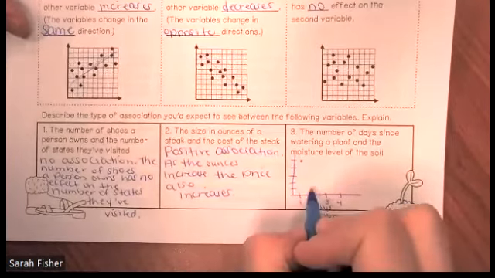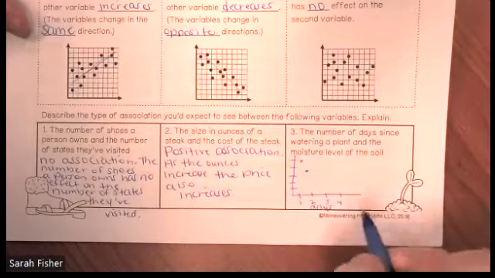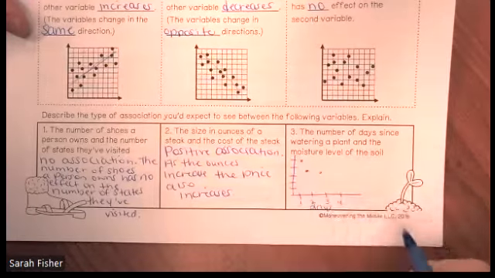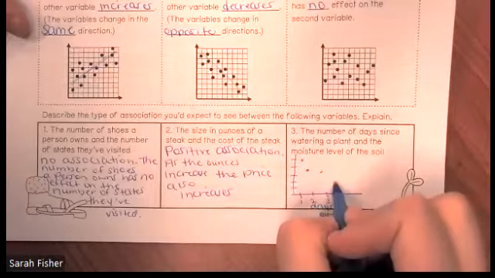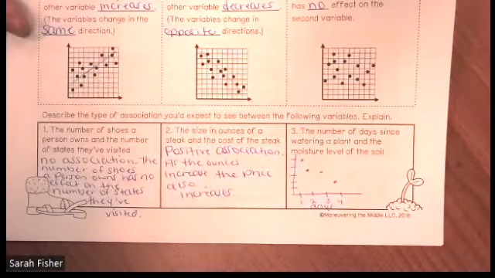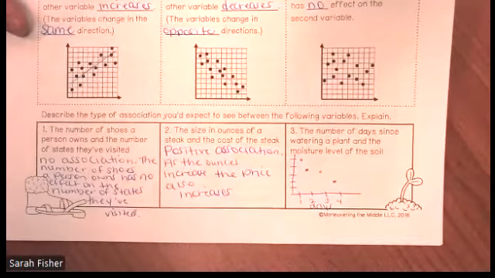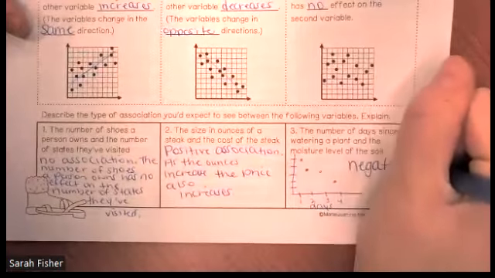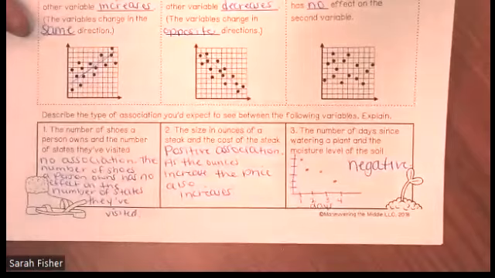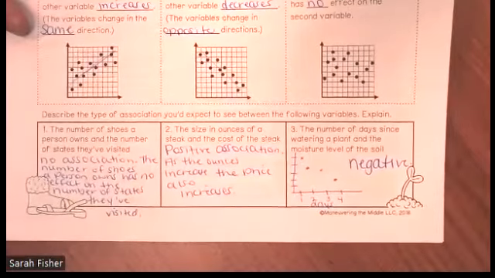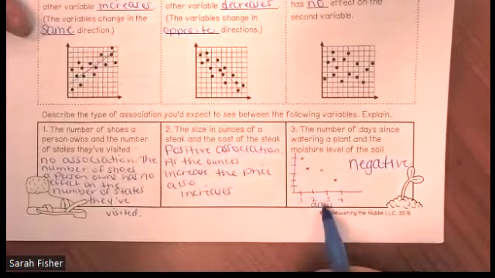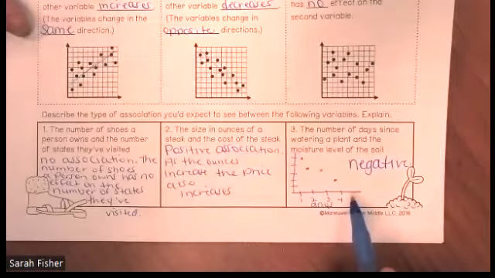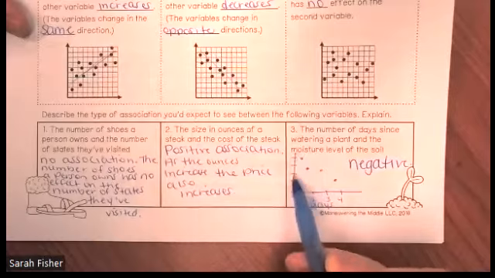The second day, it would probably dry out a little bit more. The third day, it would dry out a little bit more. The fourth day, it would dry out a little bit more. What kind of association is that? Very good. Negative association. As the number of days since watering the plant increases, the moisture level of the soil would decrease.